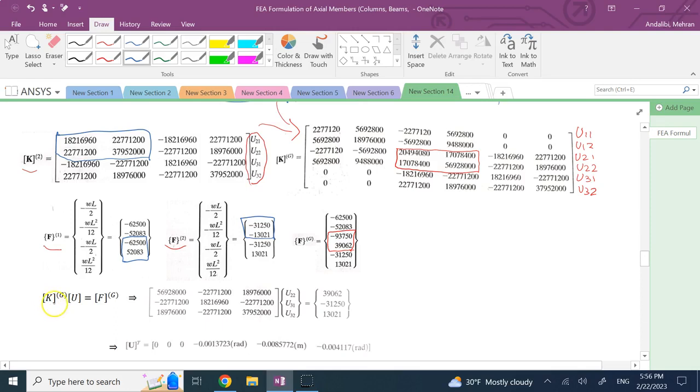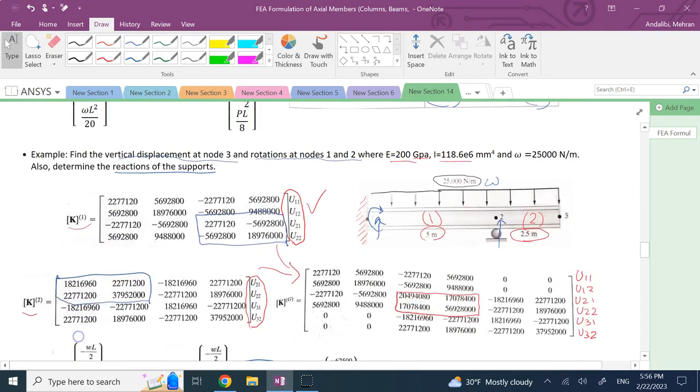Now we say K times U equals F, and which U's do we know anything about? Well, if you look at node 1, what do we have at node 1? Node 1 is not going to move, so U11 equals 0, and it's not going to rotate, so U12 equals 0. 2 boundary conditions, and then here at the roller, you have U21 equals 0.